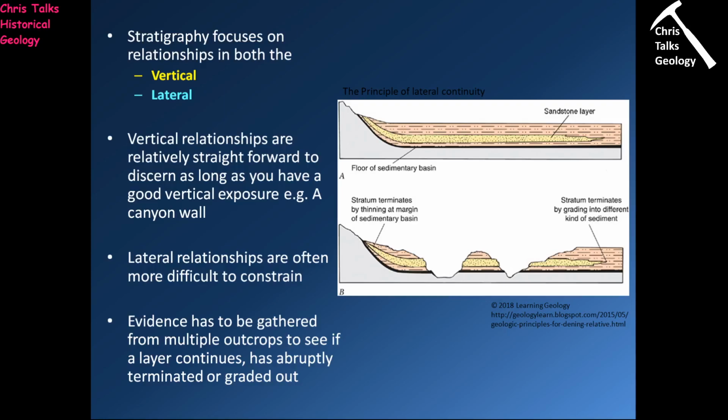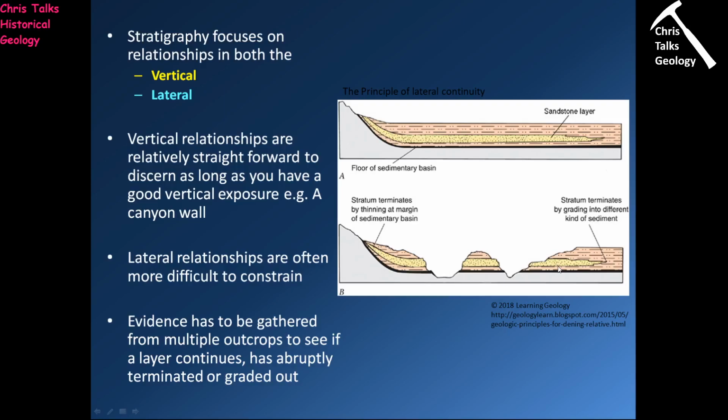Now, lateral relationships, on the other hand, are often a little bit more difficult. In order to work out what's happening to a layer of rock, and let's use our sandstone here as an example, we would need to travel to multiple locations. If we're just looking at the vertical relationship, we could just stand here at the bottom of this cliff, look at the sequence there, and work out what was going on in the vertical. However, horizontally, we would need to go to multiple locations and track the same layer of rock.